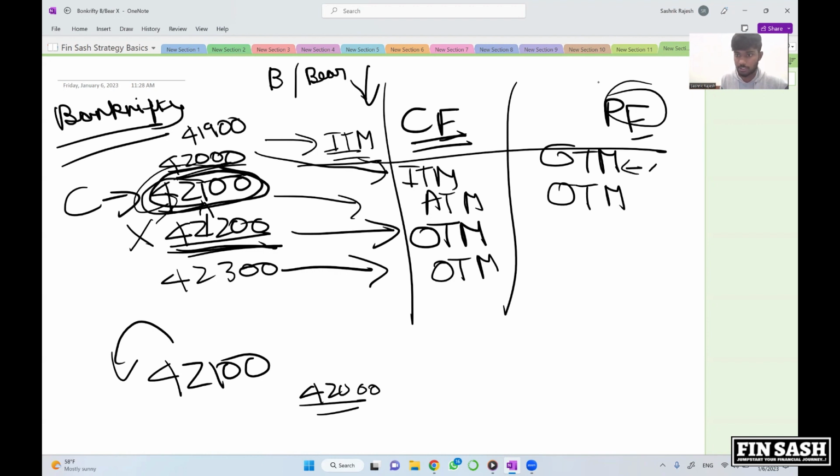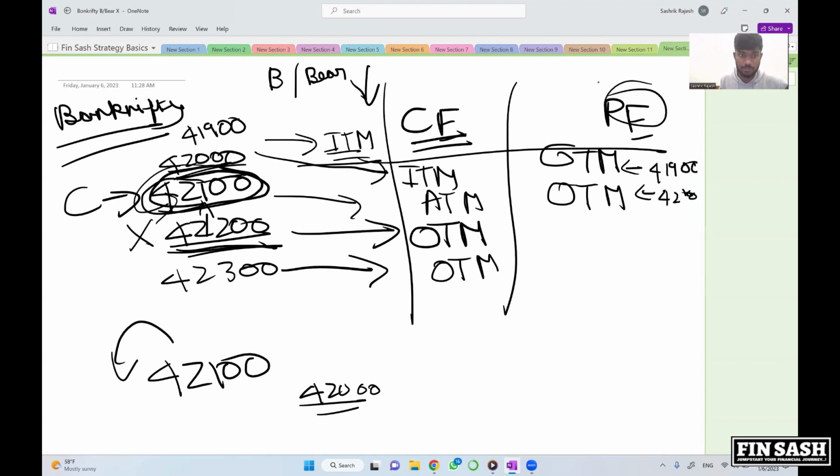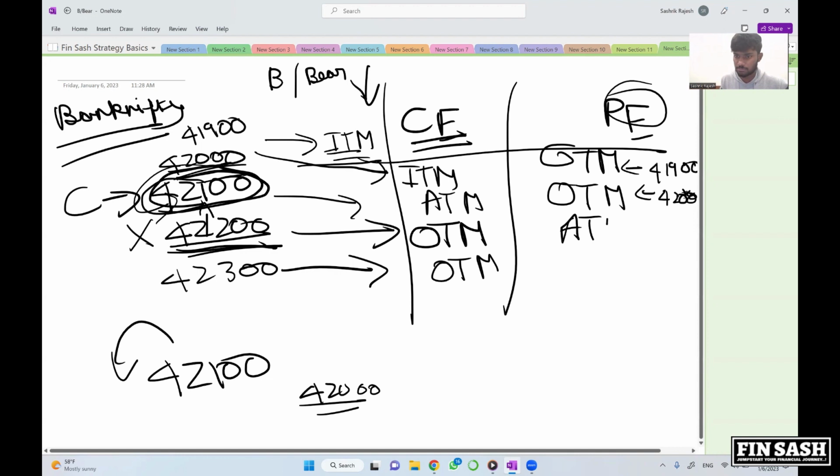42,100 is the current price, and 42,000 is again an OTM option. So this is for 41,900 and, sorry, this is for 42,000. What about 42,100? It's an ATM option. 42,200 is ITM. Why?